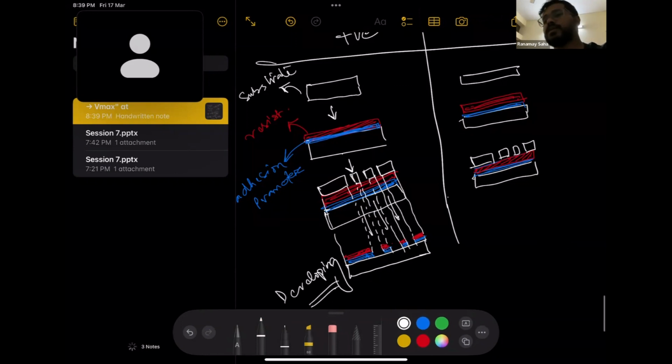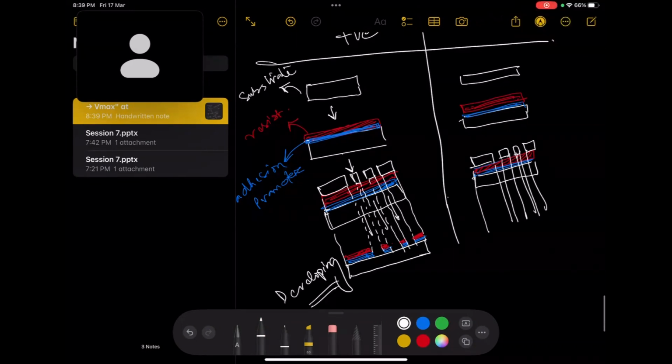In the other case, it's a negative tone resist.